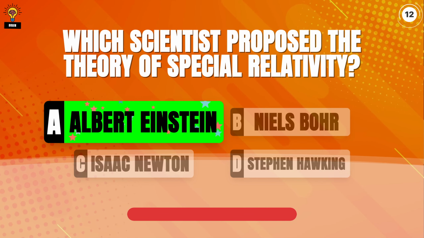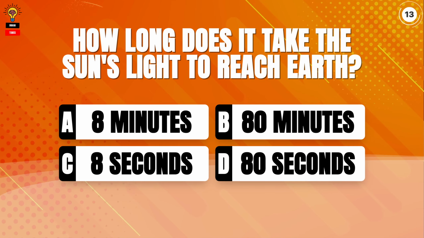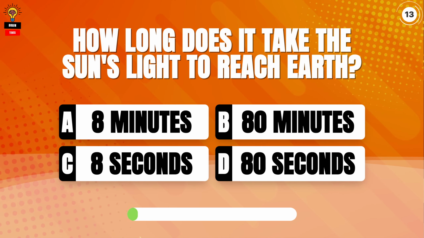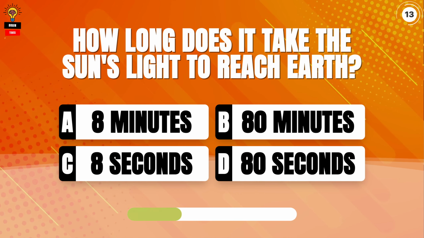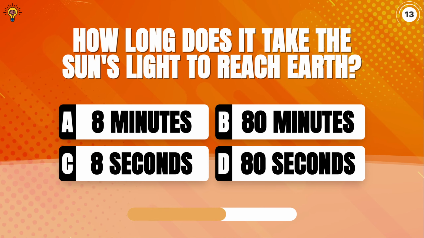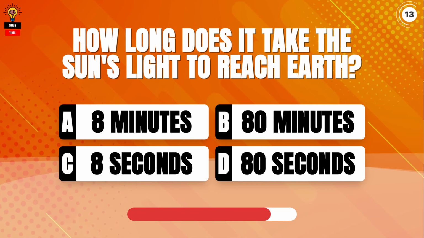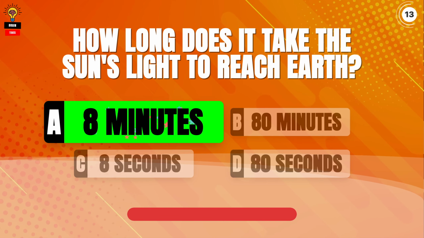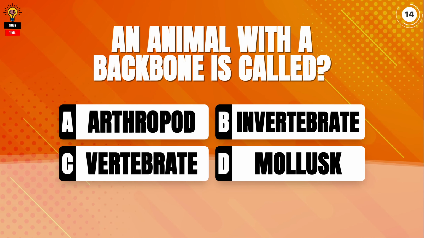Albert Einstein. How long does it take the sun's light to reach Earth? Eight minutes. An animal with a backbone is called?